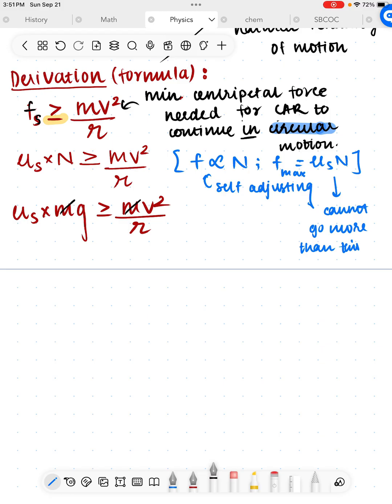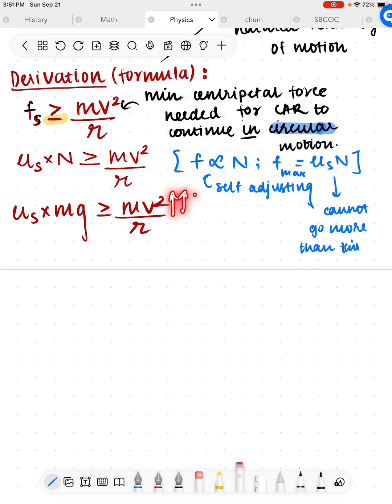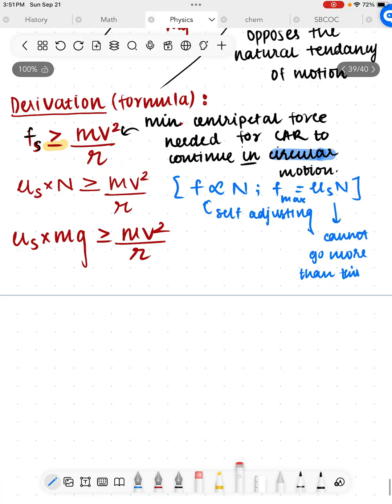Can I cancel out m? Before cancelling out m, let me tell you what this means. Say there should be a v max. If velocity increases, what are all the constants here? I'll write all the constants with blue.